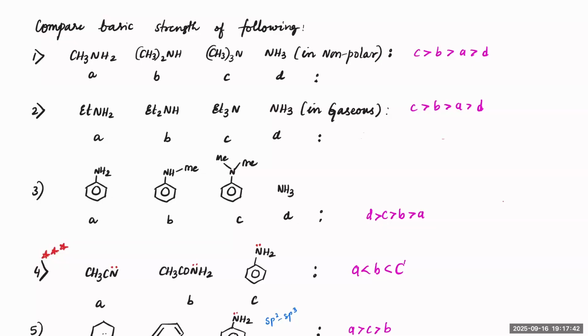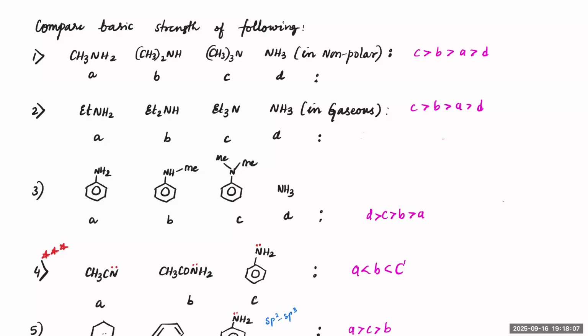It's not like a water molecule is present which will make hydrogen bonding. So either non-polar or gaseous state, both will have only the consideration of plus I effect. There is no solvation here.